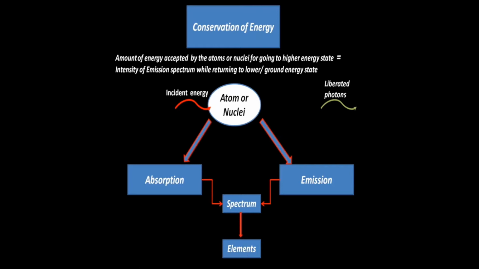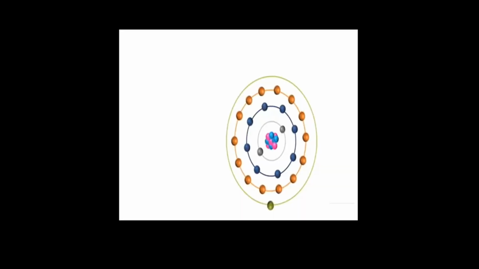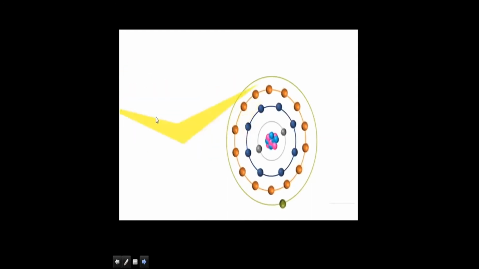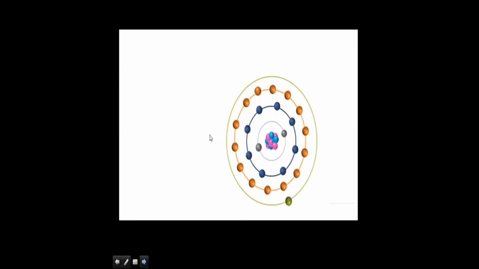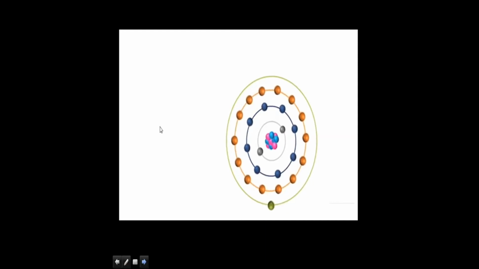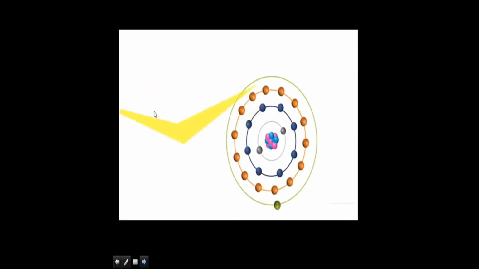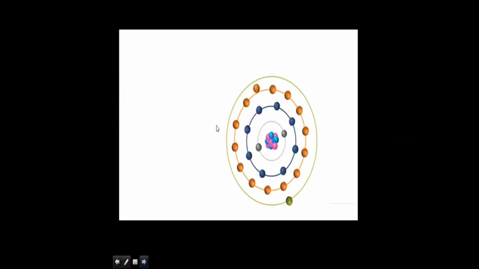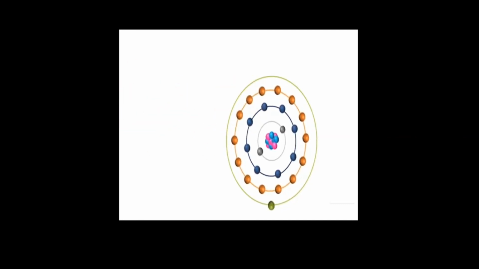So how does it all happen? A sample of the metal is brought in contact with the flame in either solution or solid form. The flame has a temperature ranging from 3300 to 10,000 degrees Kelvin. This thermal energy supplied by the flame actually does two jobs.